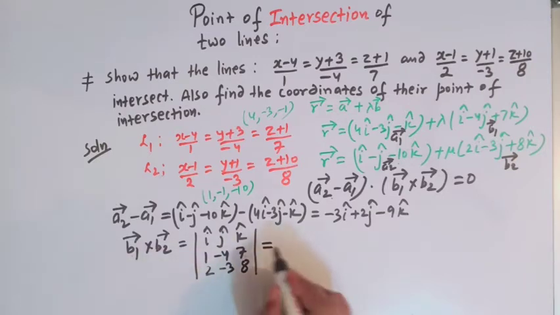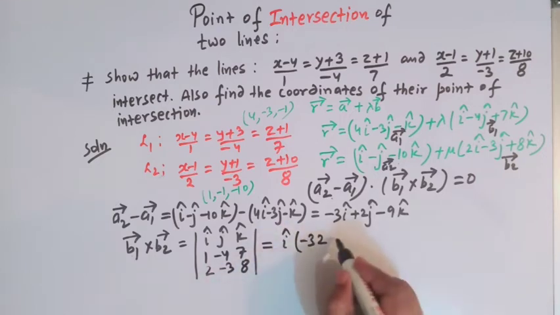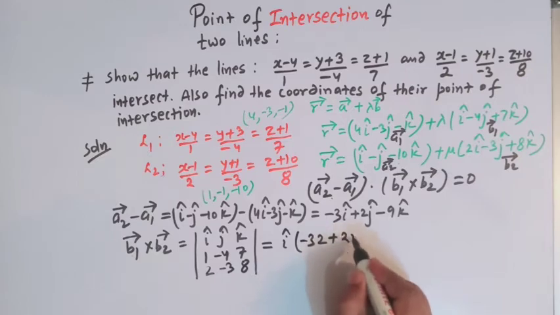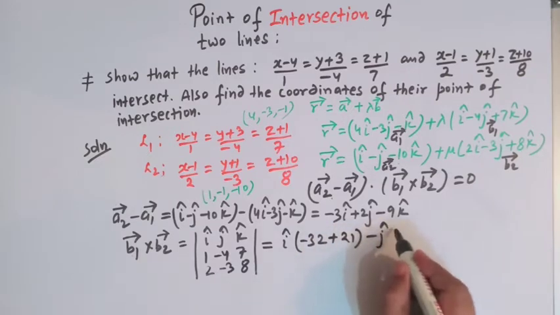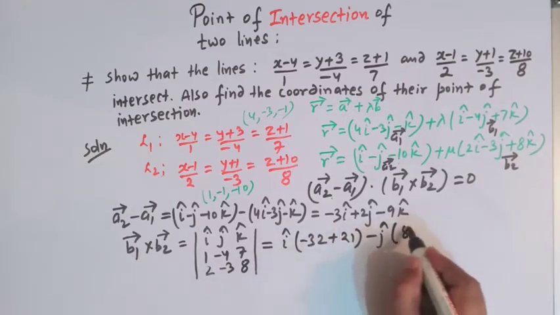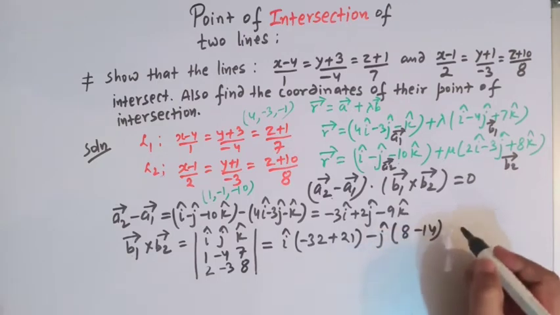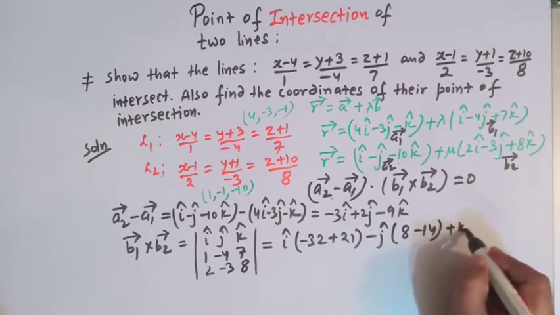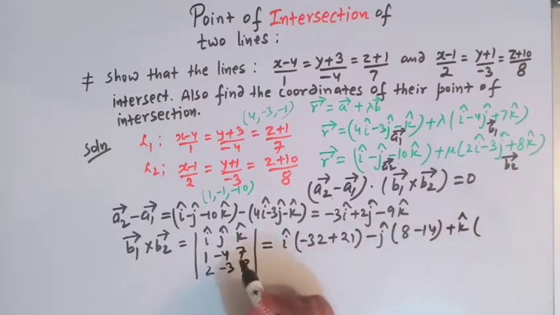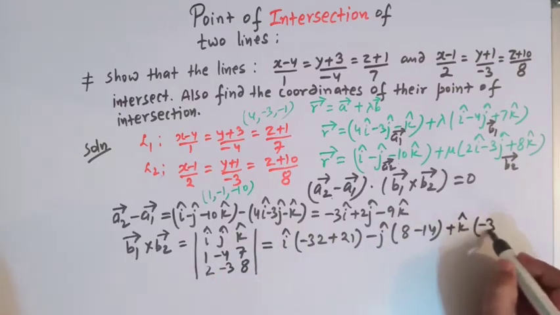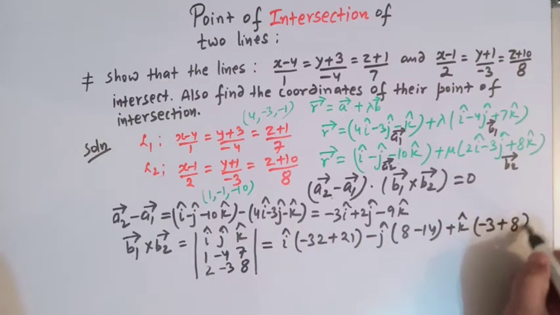Now if we evaluate this determinant, we have i cap times (minus 32 plus 21), then minus j cap times (8 minus 14), and then k cap times (minus 3 plus 8), right?